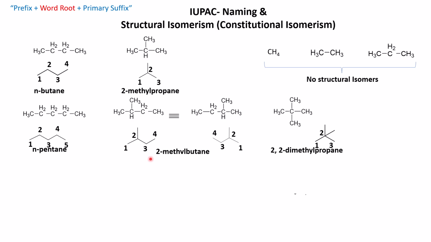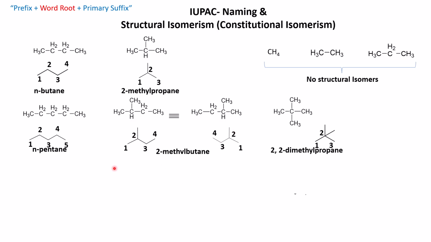Whereas in this molecule, if one of the CH3 is broken here and then attached to the second carbon, you'll end up with this molecule. Or if you break the one on the left-hand side and stick it onto the 4th carbon, you'll end up with this molecule. So these two molecules are literally the same. Why?